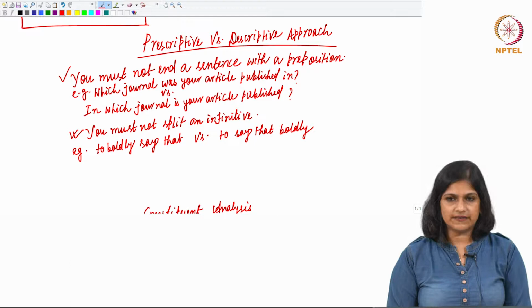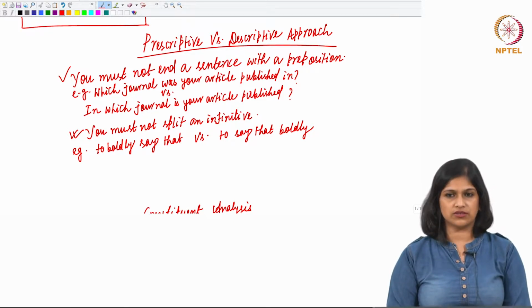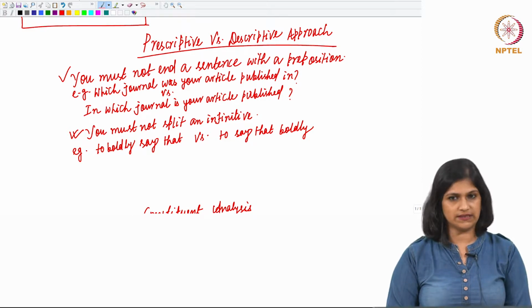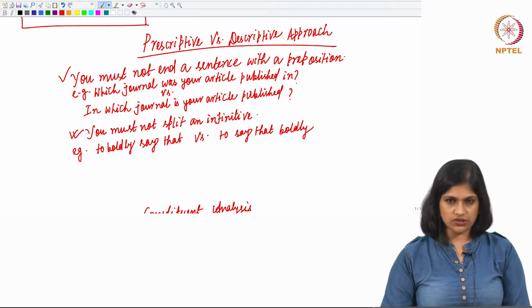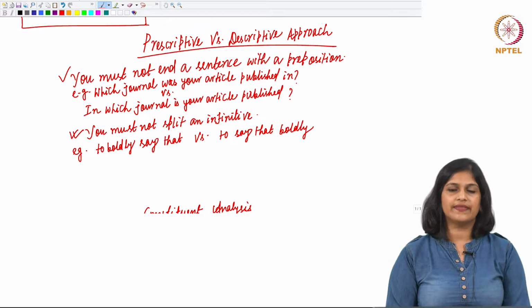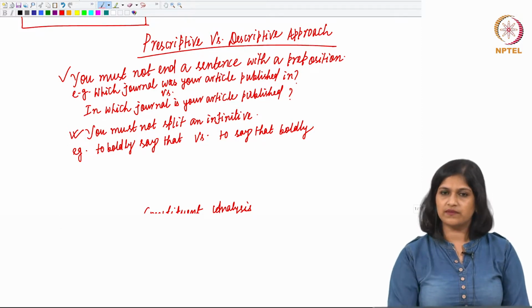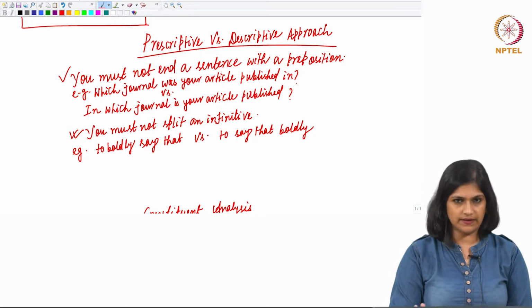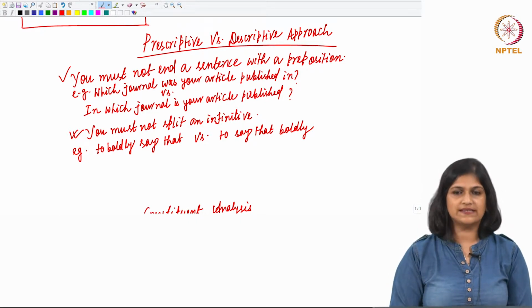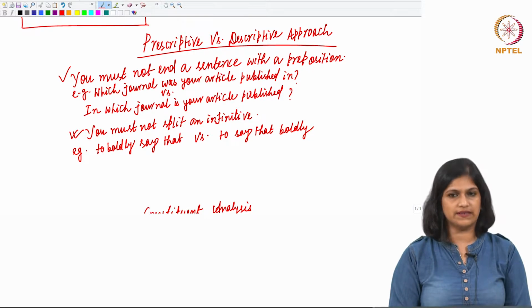A lot of native speakers would agree that for such a construction, there is absolutely no harm in it, right. So, these are just two simple instances that I can cite when I say yes, splitting the infinitive is not a bad idea at all. You can do that as and when it is essential, or as and when it is necessary.